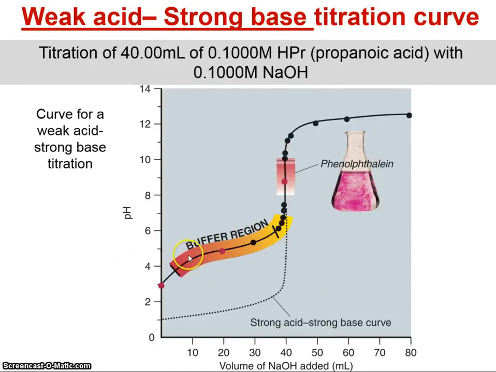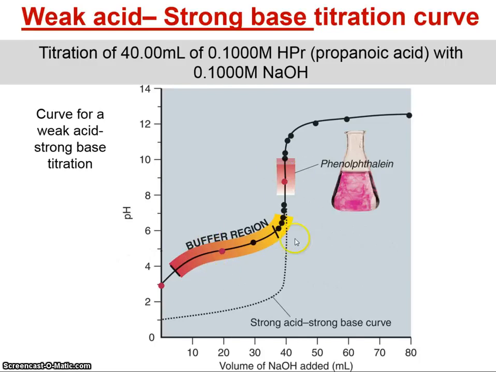And does a buffer change very much in its pH? No, it doesn't. So as you add increasing amounts of sodium hydroxide, you're adding it into a buffer, and it's going to act like a buffer. The transition is long and slow between 4 and 6. So my methyl red, which changes between 4 and 6, is not a suitable indicator for this reaction.